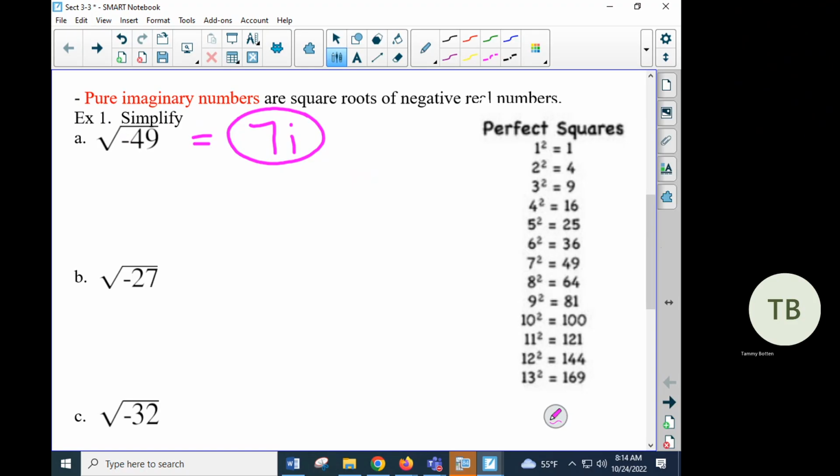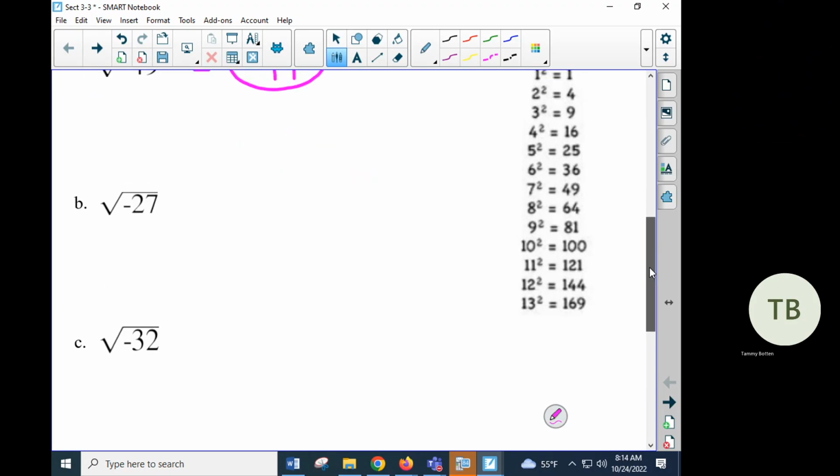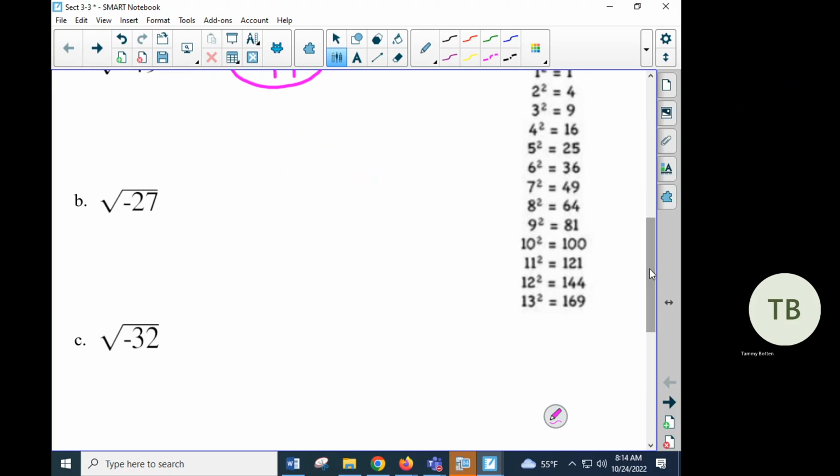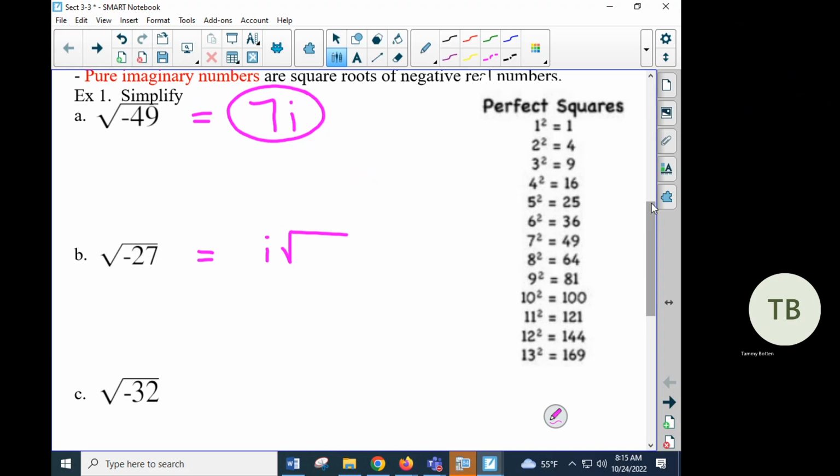So now when I go down to B, 27 is not a perfect square, but you know right away that you would pull an i out. And then you want to think, is there a perfect square that divides evenly into 27? So the biggest perfect square less than 27 is 25, and 25 does not go into 27. 16 does not divide evenly into 27, but 9 does.